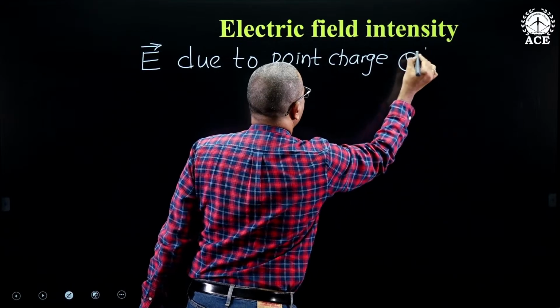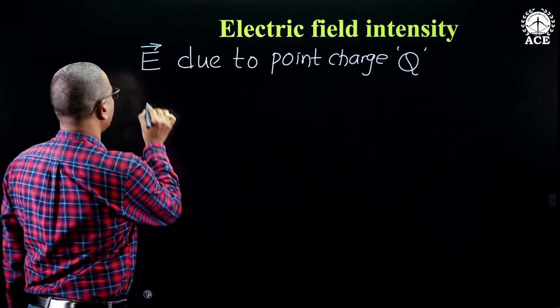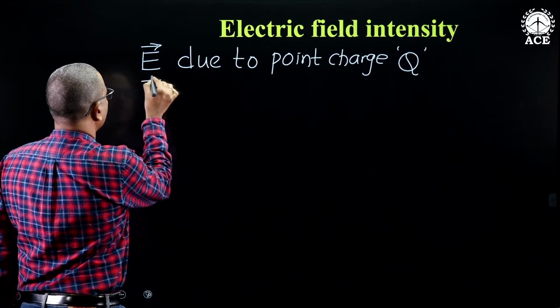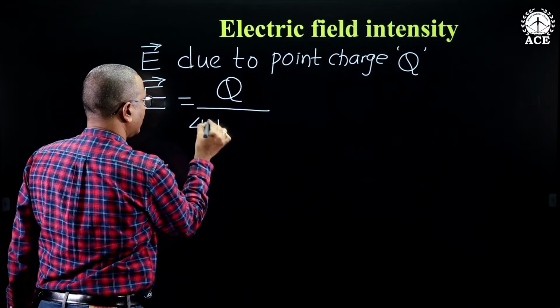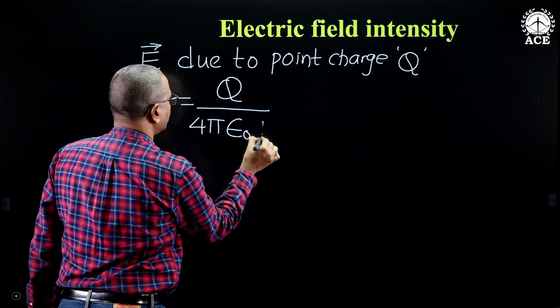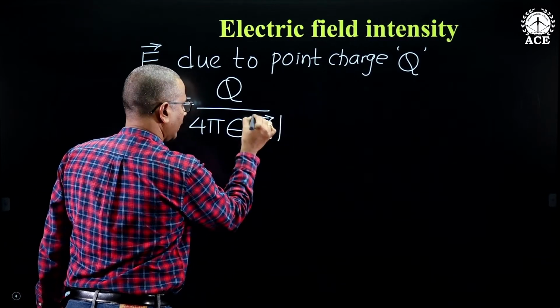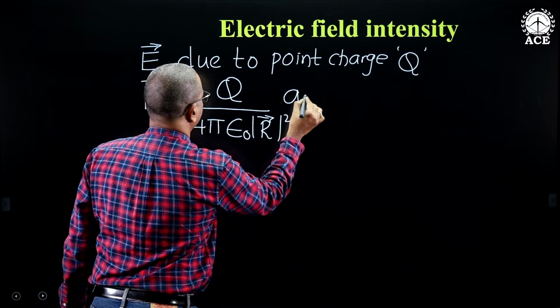E bar due to point charge Q Coulomb is given by E bar equals Q by 4 pi epsilon naught mod R square AR cap.